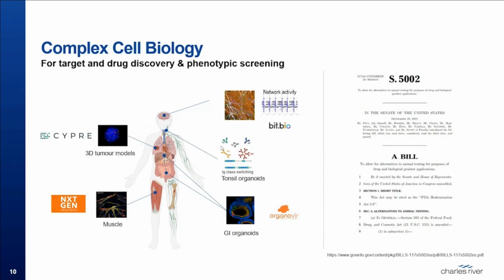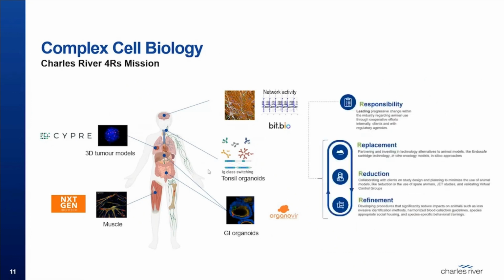Obviously, these advanced models are not only important to generate more efficacious and safer drugs, but also important in the aim to reduce the number of animals in research. I'm sure if you're following this seminar, you are aware of the 3Rs: replacement, reduction, and refinement of animal work in research.